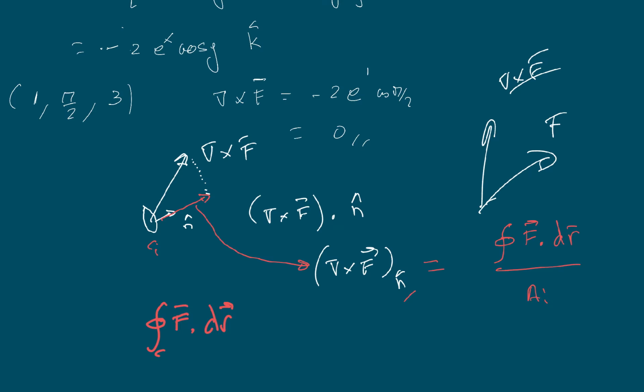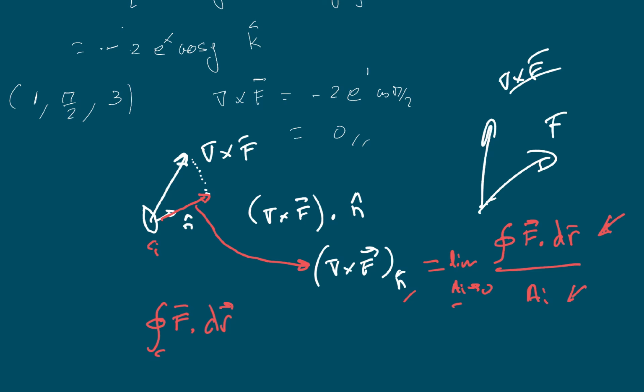So when you take the limit, when the area goes to 0, of the line integral per unit of area, this is the magnitude of the curl of f in the direction n.